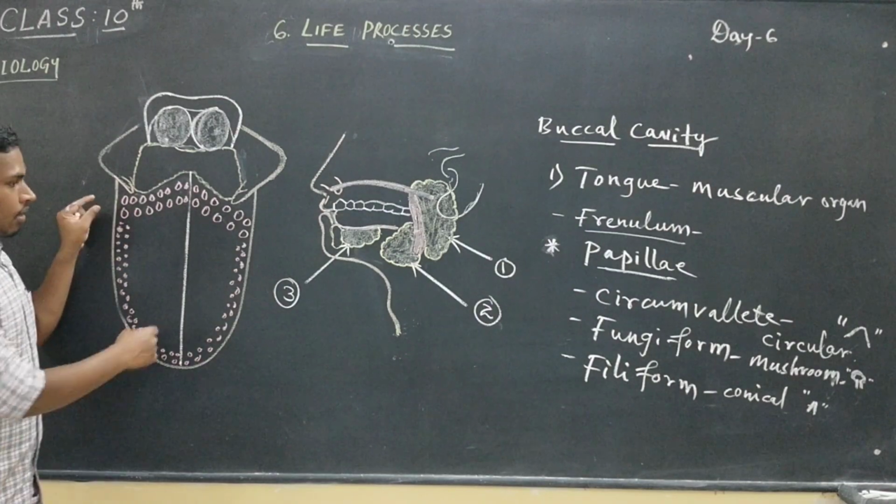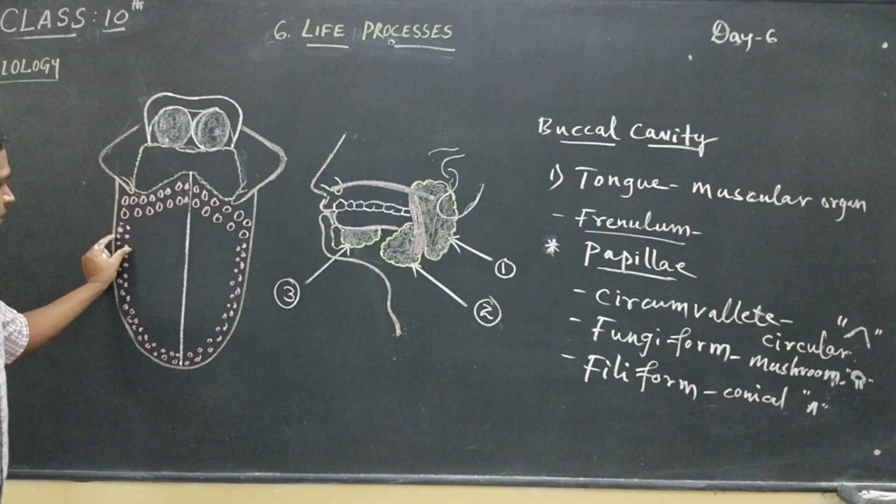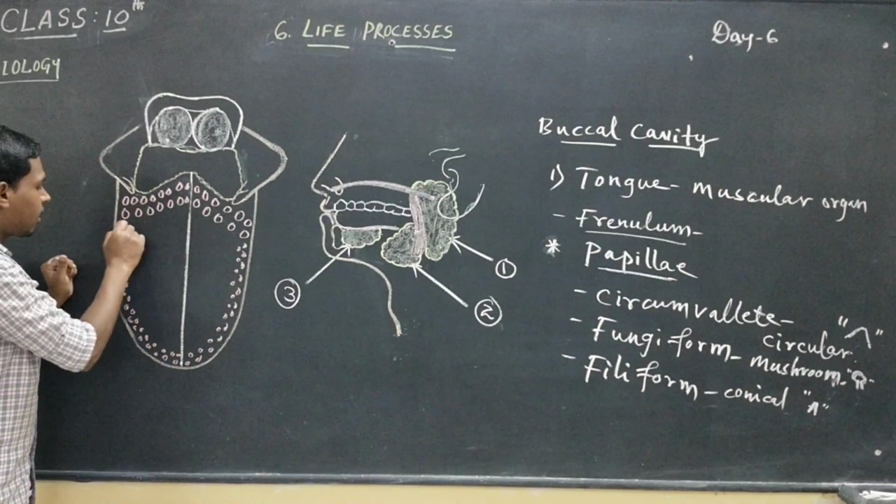You can see here the circumvallate are bigger in size, and the fungiform are smaller than the circumvallate.